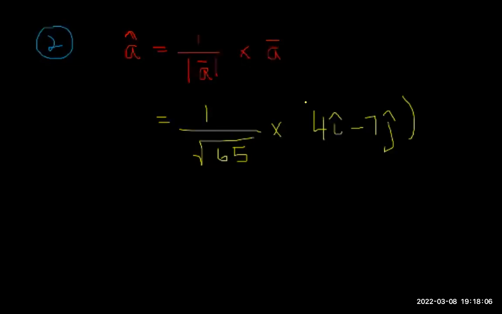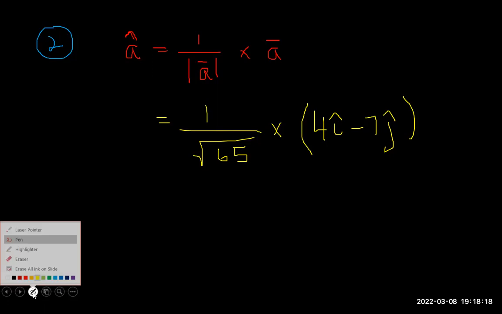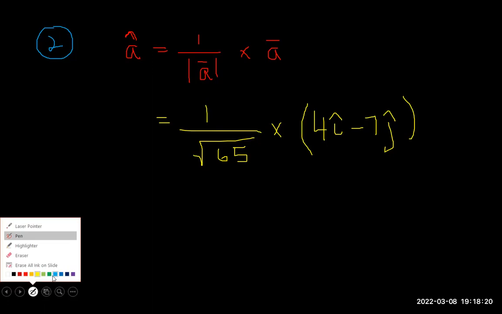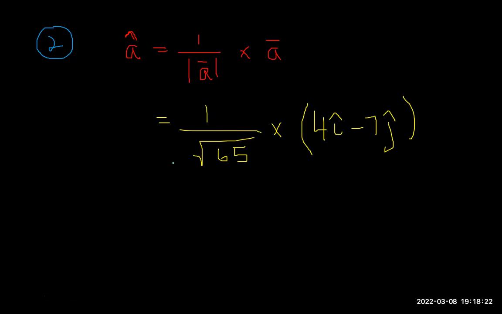Let me put this in brackets. When multiplying a scalar value by the vector, I would say 1 over the square root of 65 multiplied by 4i hat. My answer there would be 4 on root 65 i hat.